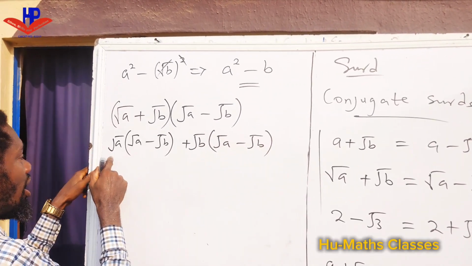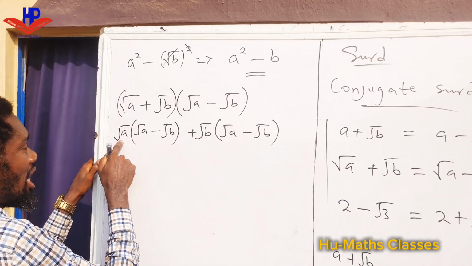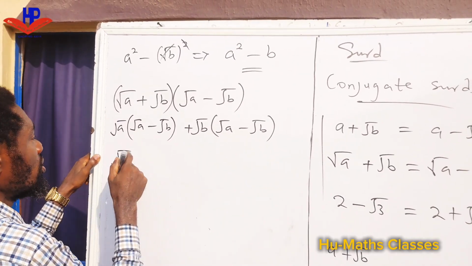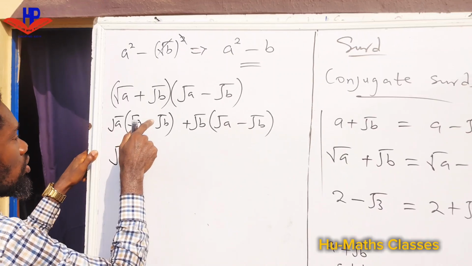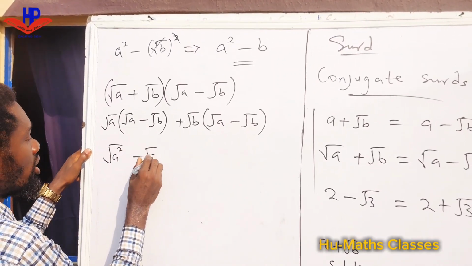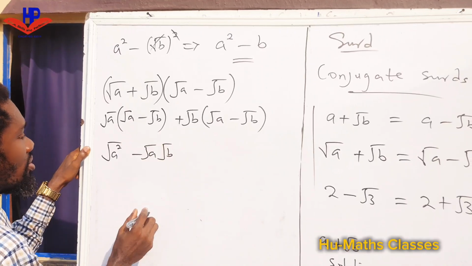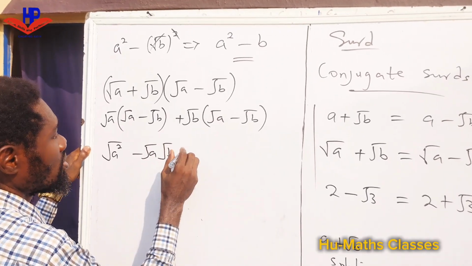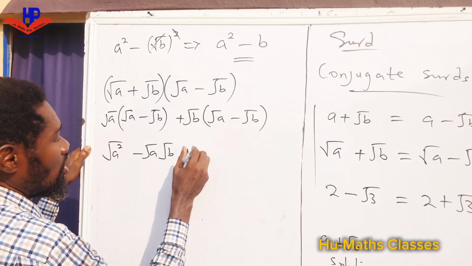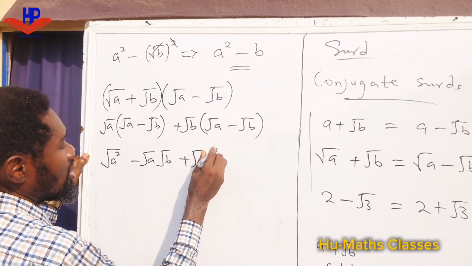So you have root a times root a will give us root a raised to power 2. Root a times minus root b will give us minus root a root b. Plus root b times root a will give us root a root b.